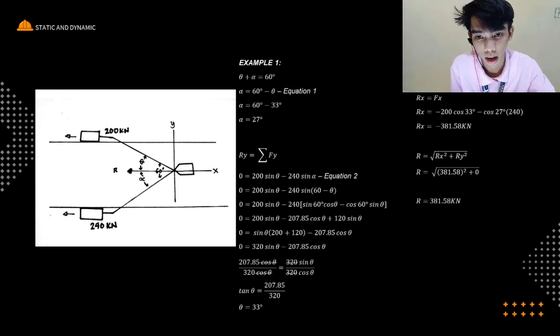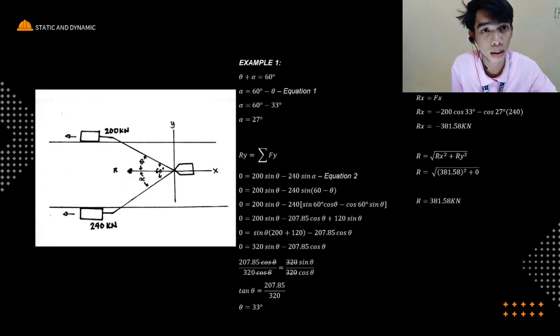So, pasok naman tayo sa summation forces of y is equal to Ry. Since yung R natin is nasa x-axis, mawawalan na siya ng Ry. Bali, ang magiging value niya is 0. So, 0 is equal to 200 sin theta minus 240 sin alpha.